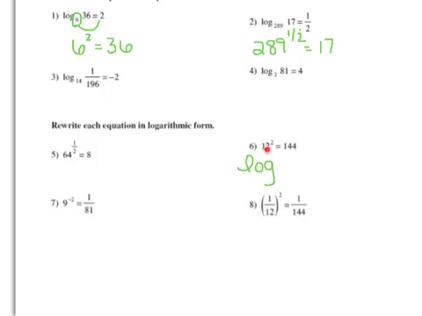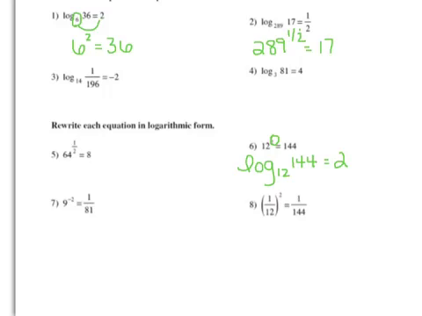So this right here would be my base, log base 12 of 144 is equal to, and remember, the answer is always the exponent. So log base 12 of 144 is equal to 2 is the same thing as saying 12 to the power of 2 is equal to 144.